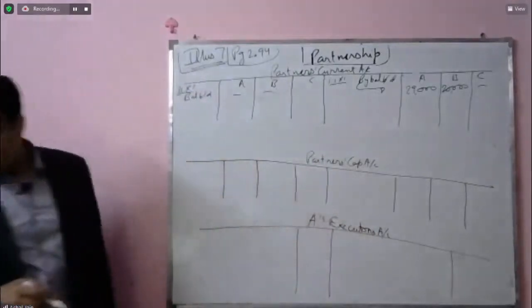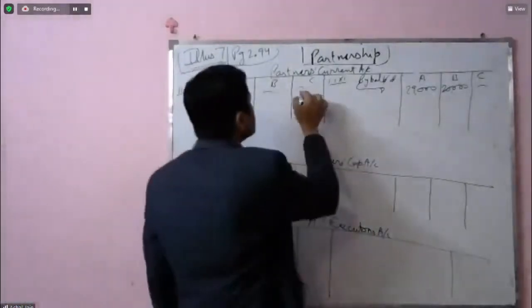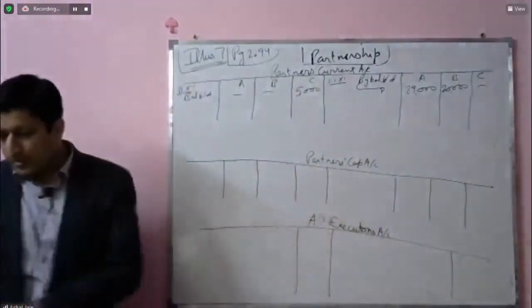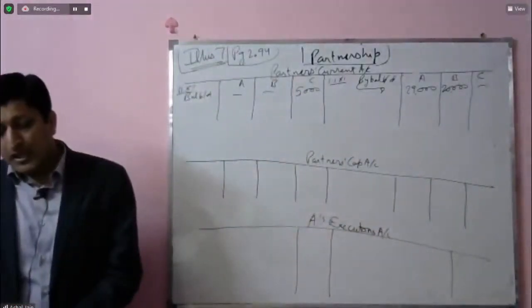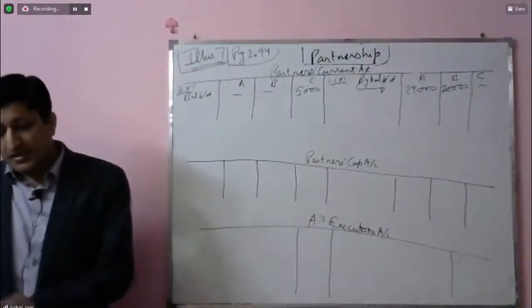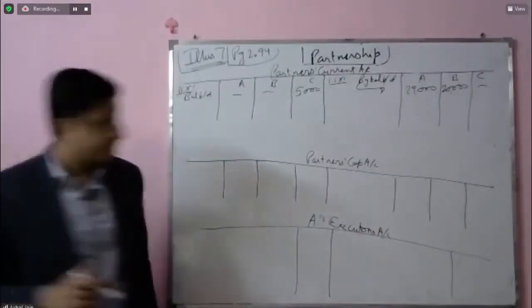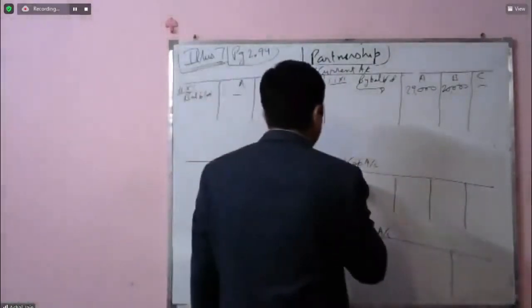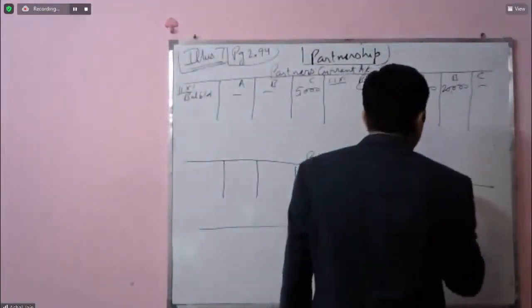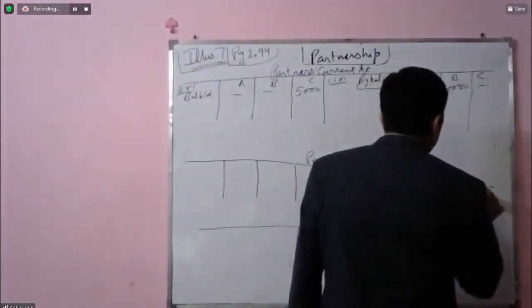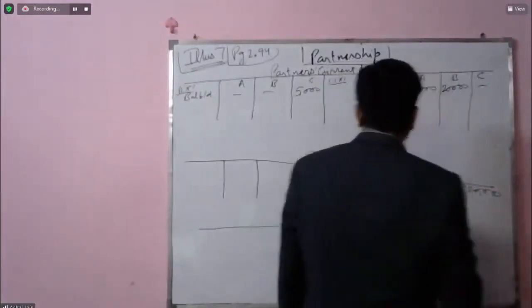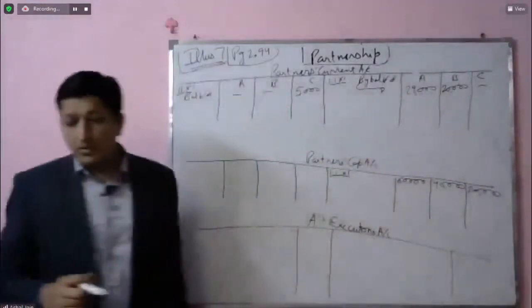This was 5,000 for C. Okay. Then we can also post the accounts of partners' capitals. This is 60, 40, 20. Okay, yeah.